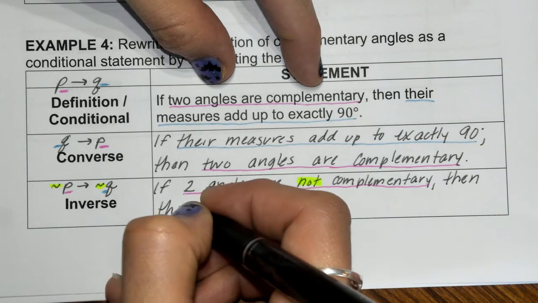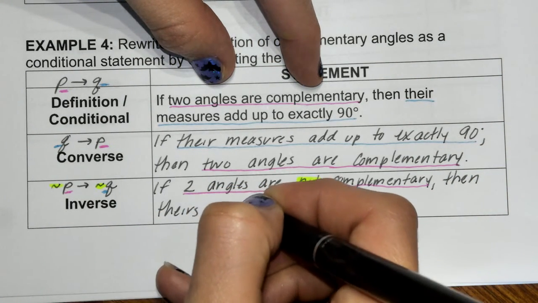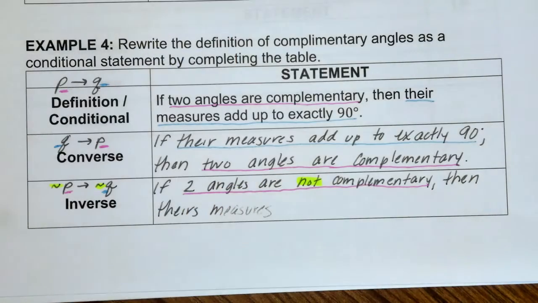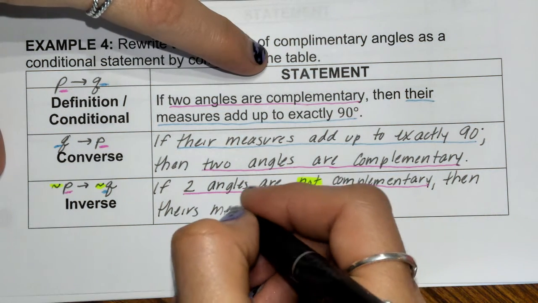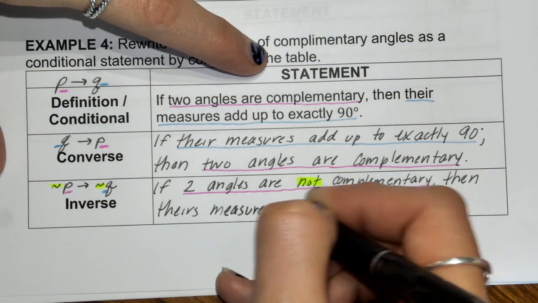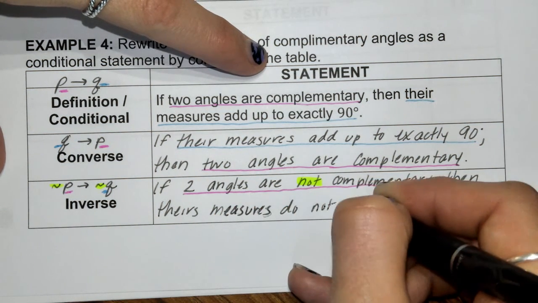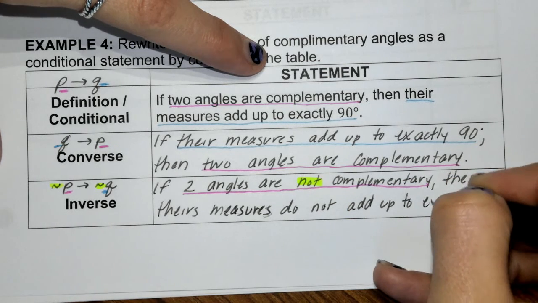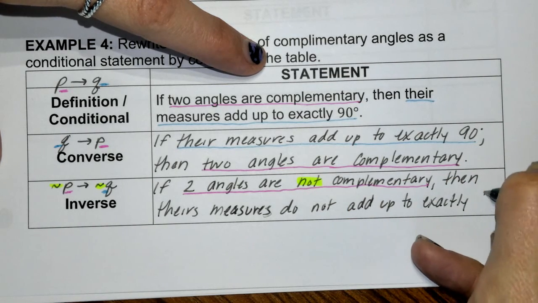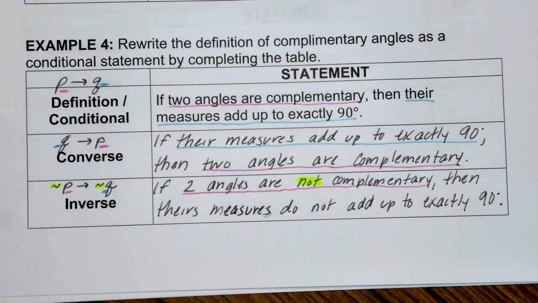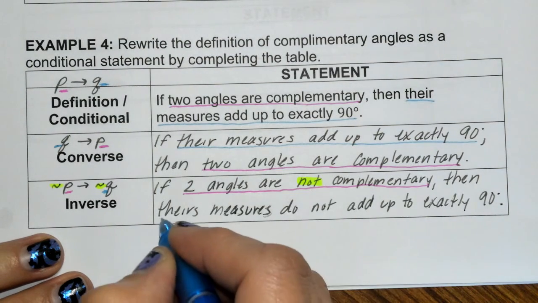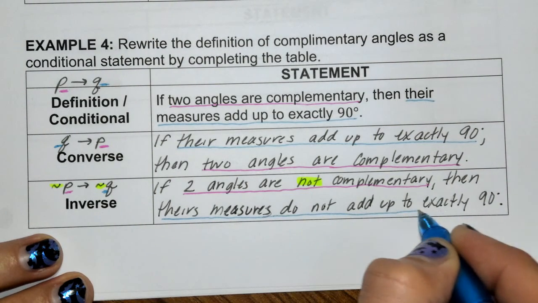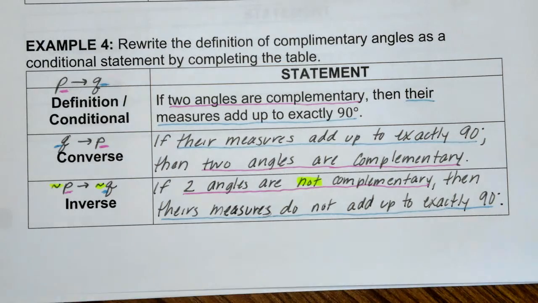So then their measures do not add up, I'm running out of space, to exactly, there we go, 90 degrees. So there's our Q that is negated, or we have the opposite of it. How do we know? Because we have that not in there.